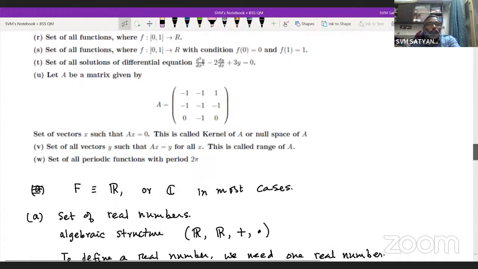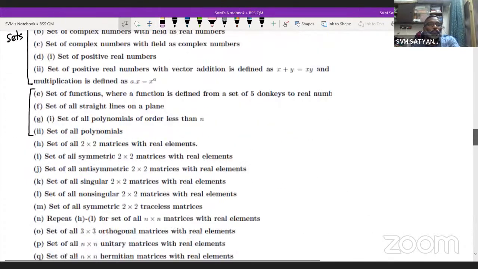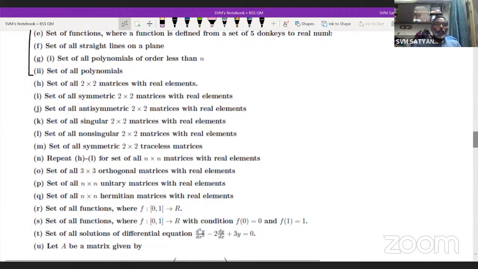Good. Now we will go to the next set of examples, from H to M. This is a different class of examples.